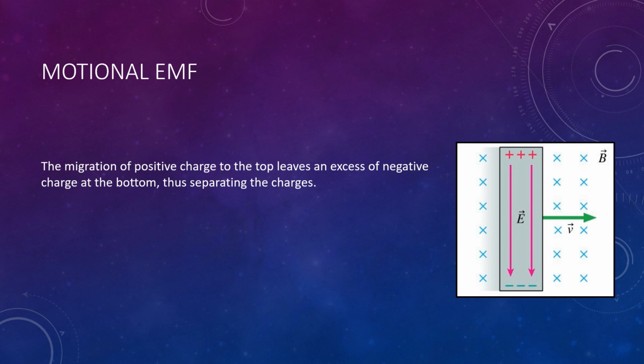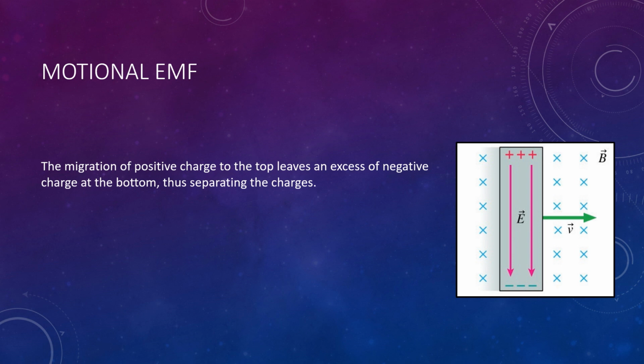As a result, by definition, we have just separated charge. The positive charges are forced toward the top, negative charges are left behind at the bottom. If you recall our material from the beginning of the course, when we talked about electric fields and electric potential, we discussed how potential was created.